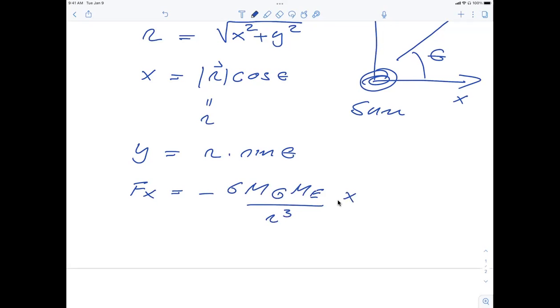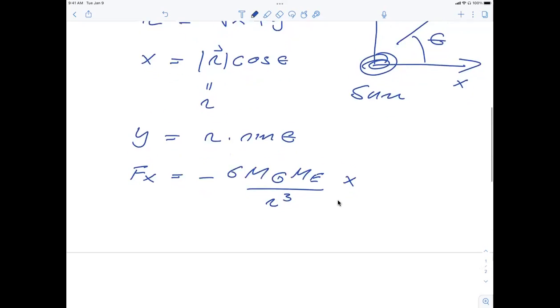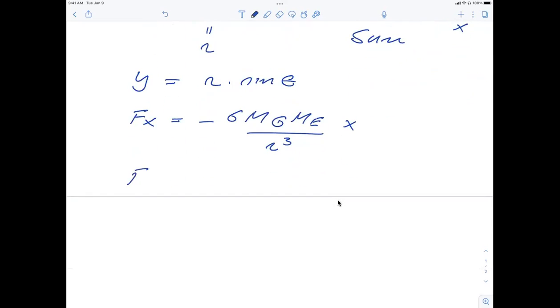So what I did now was to get the x component of the force. And similarly, the y component is simply given by minus G times the mass of the Sun and the mass of the Earth, multiplied by y and divided by r cubed.